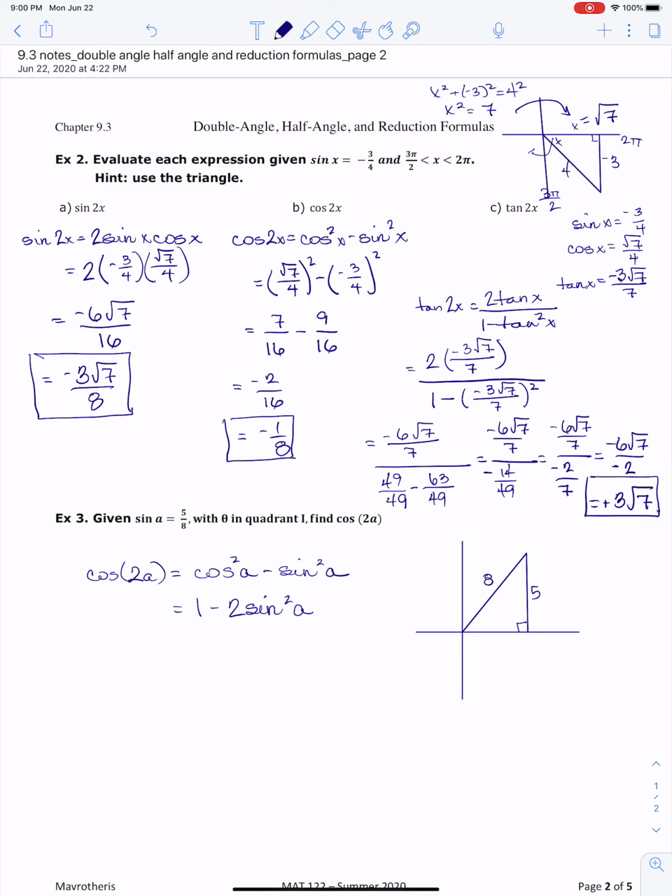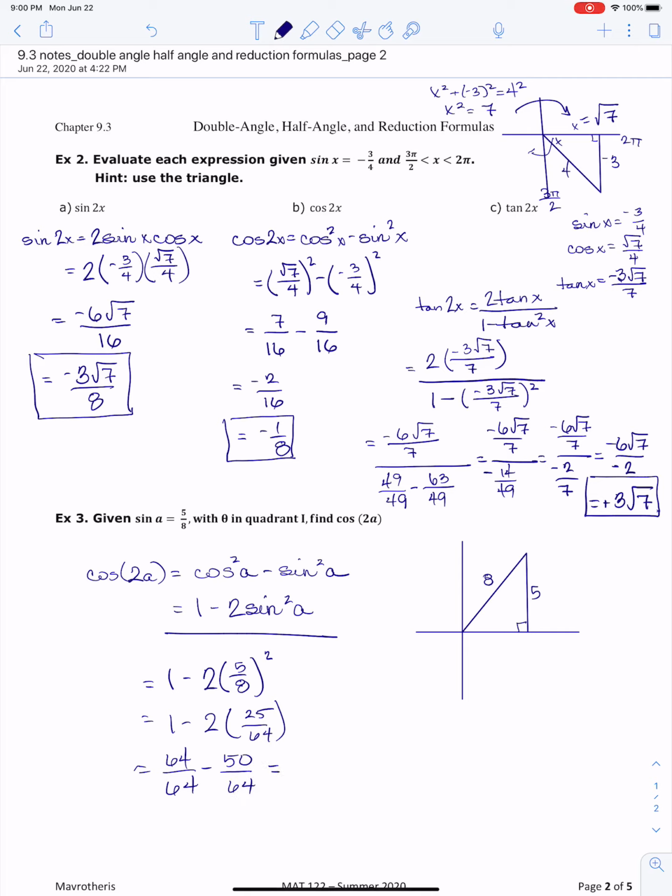I got 1 minus 2 times sine of a, which is 5/8, squared. 1 minus 2 times 25 over 64. I need a common denominator of 64. So I got 64 over 64 minus 2 times 25 gives me 50 over 64. 14 over 64.